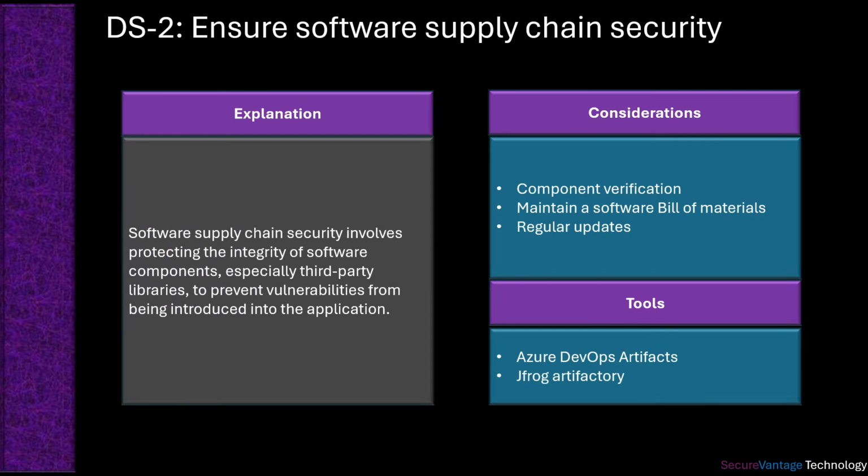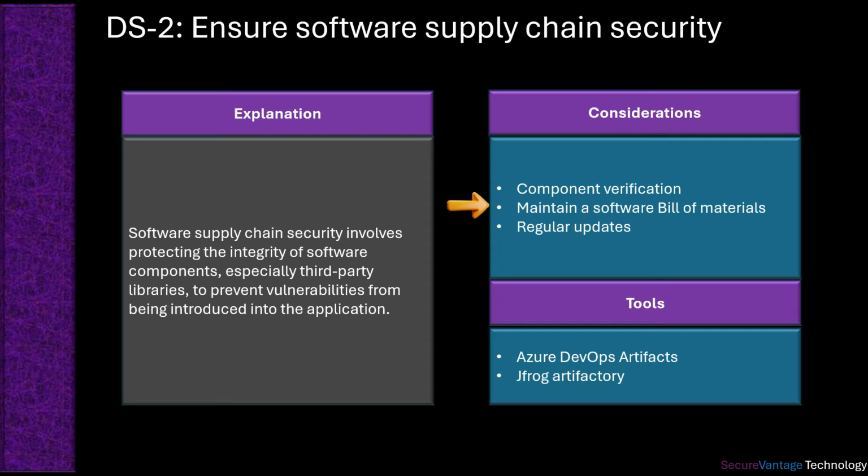The second DevOps process is ensure software supply chain security. Software supply chain security involves protecting the integrity of software components, especially third-party libraries, to prevent vulnerabilities from being introduced into the application. What are the essential considerations to be given in this DevOps process?